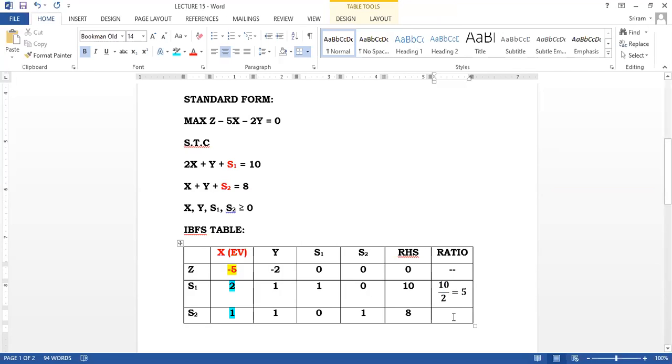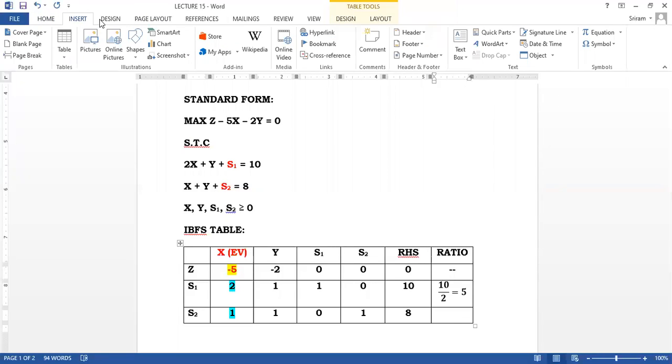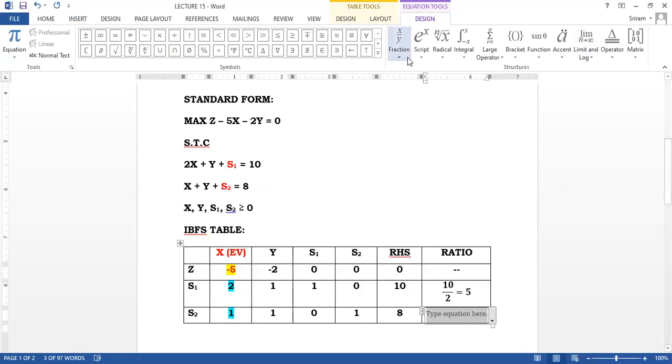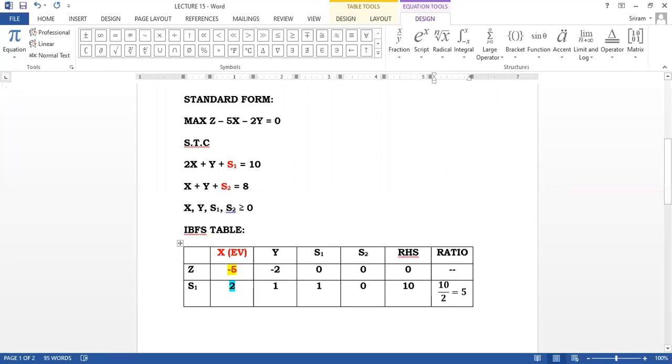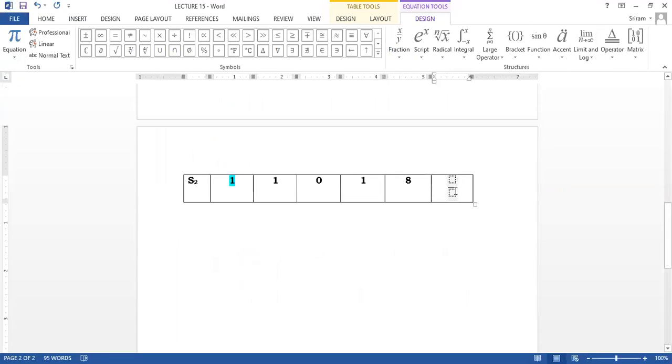In the same way, I am going to check the next one. Here the right hand side is 8. I am going to divide by the corresponding number, 1. So the answer is 8.